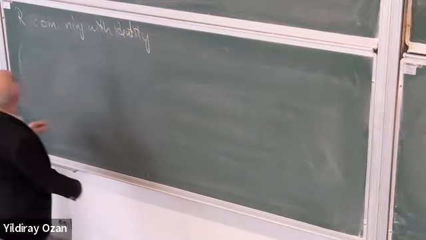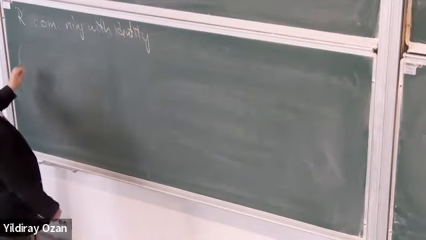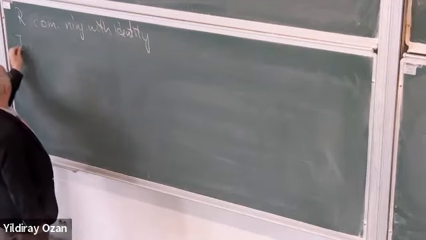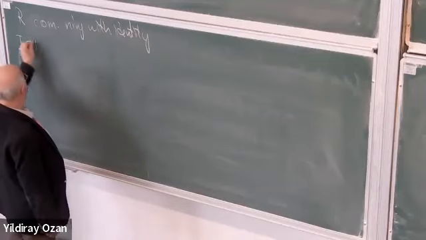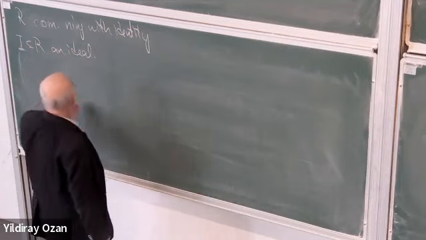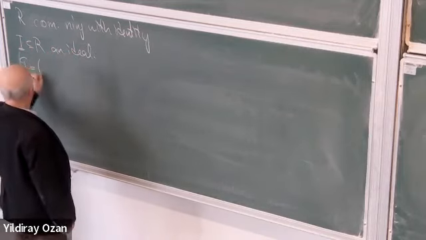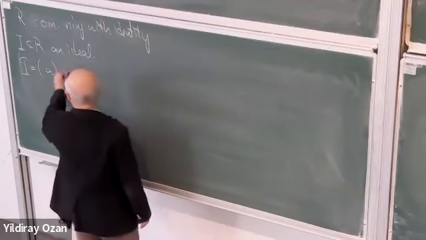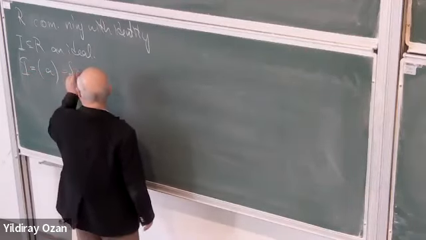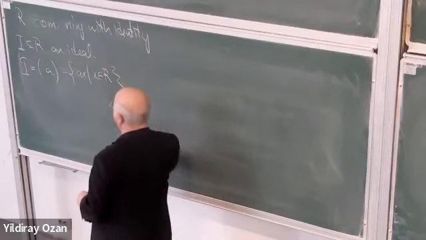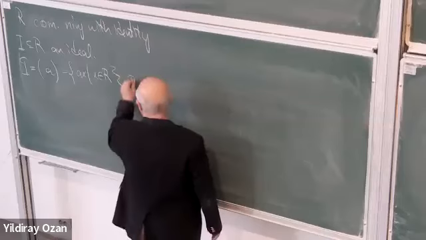Let's say I is an ideal. If this ideal is generated by a single element, so what we mean is just a times x for x in R, I will call this a principal ideal.